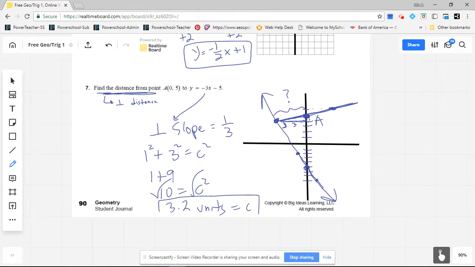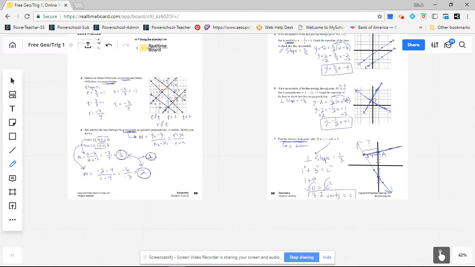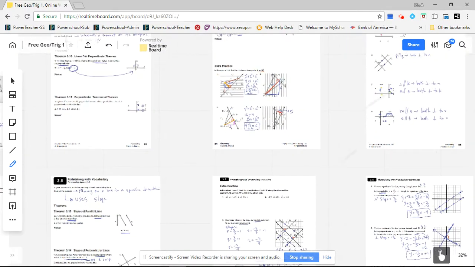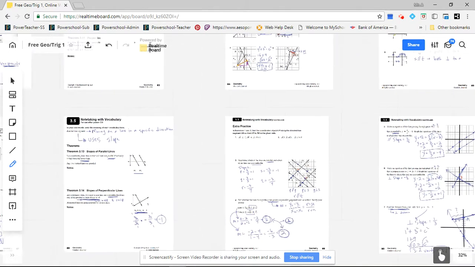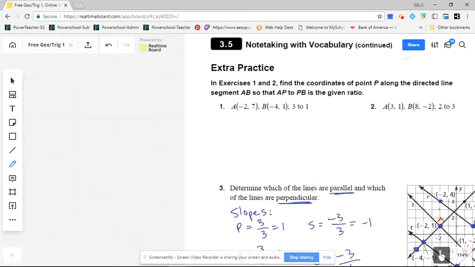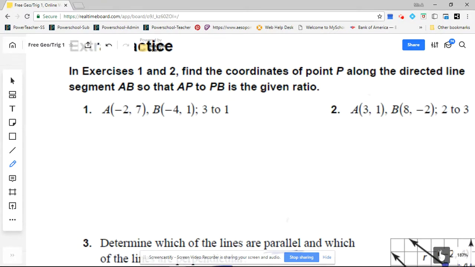All right, that takes us to numbers 1 and 2. Probably just do number 1. Show you how to do it.